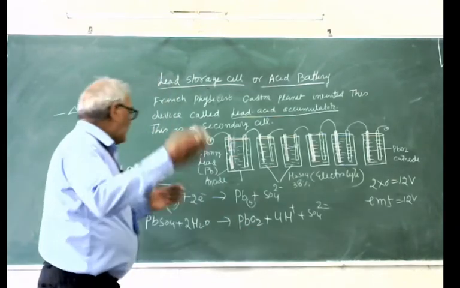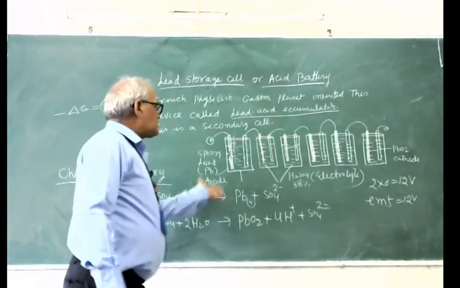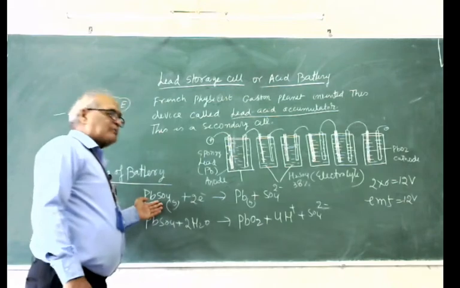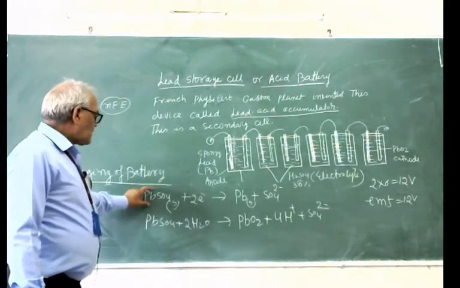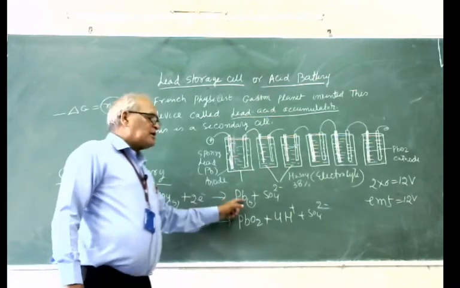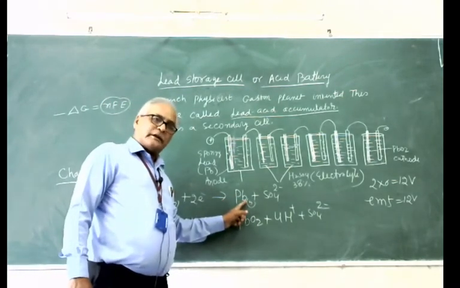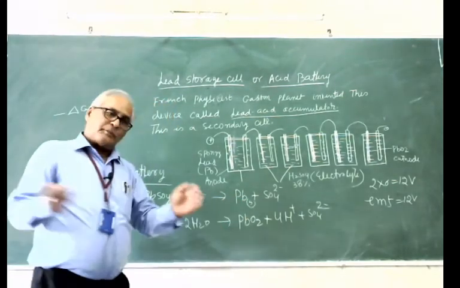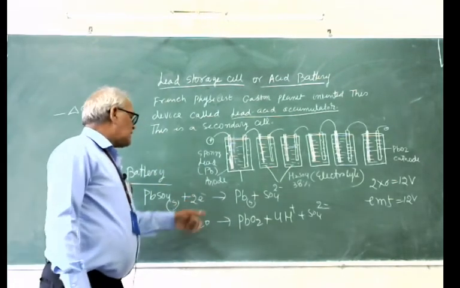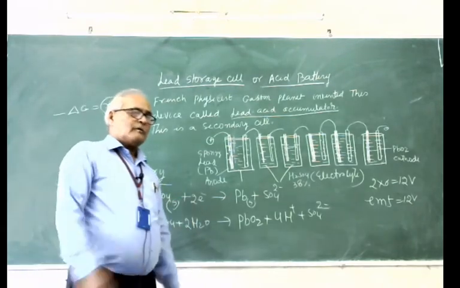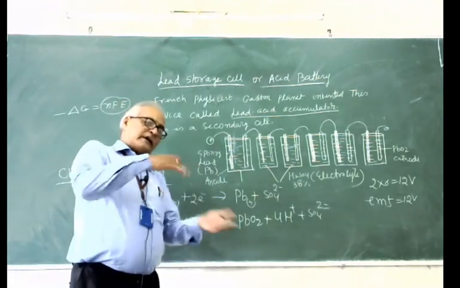But as soon as the whole lead is converted into lead sulfate after discharge of the battery, this lead sulfate is again converted into solid lead. How? By supplying electrical energy from the outside. This is the electrical energy put into the reverse reaction.